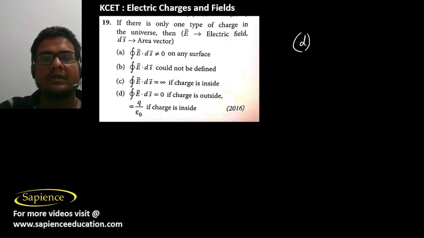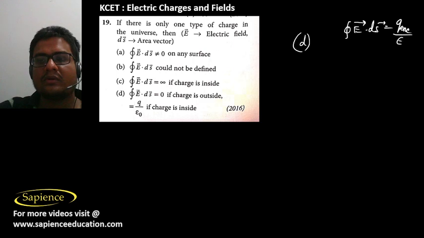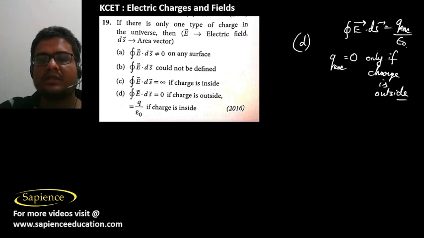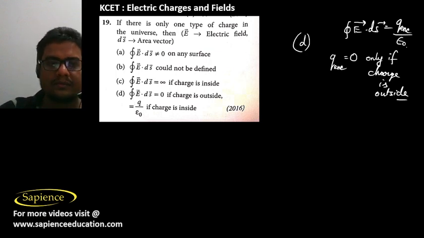According to the Gauss law, closed integral E dot ds equals net charge enclosed by epsilon. If there is only one type of charge in the universe, then Q enclosed will be zero if all the charges are outside, and if charge is inside, then it will be Q by epsilon. So option D is correct.